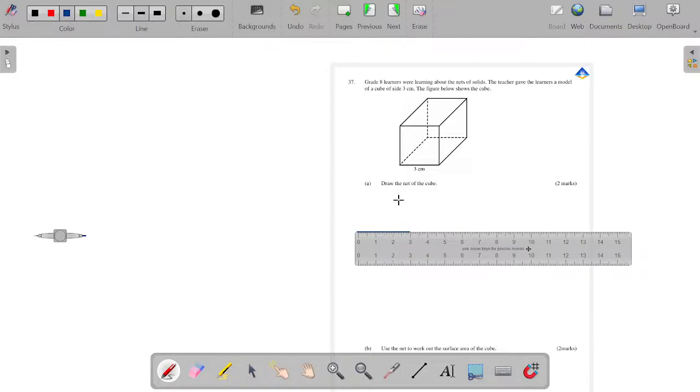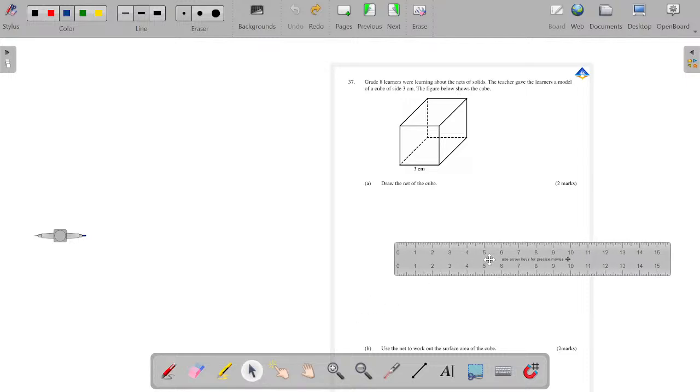Just a moment, I had forgotten something. This is how we should now do the drawing. 3 centimeters, like that.